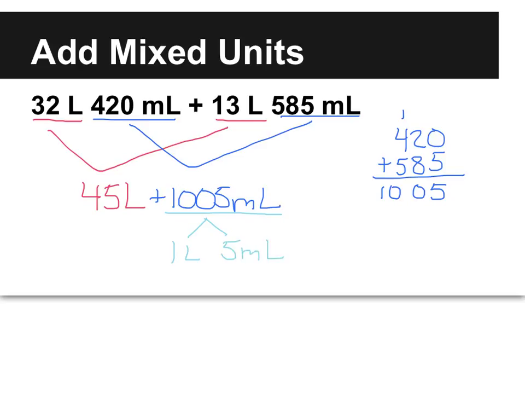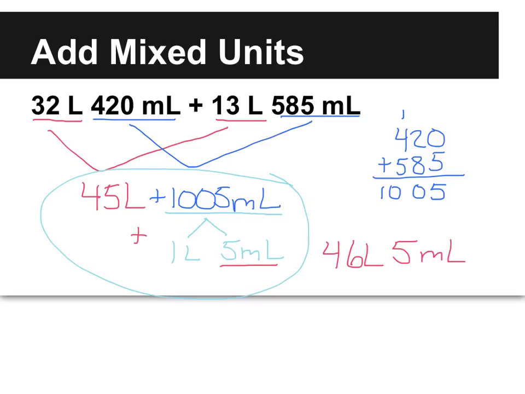So for my final answer, I need to combine all of this information. I add together 45 liters plus 1 liter, and I get 46 liters, and then there are 5 milliliters left over. That's the answer you should have gotten.